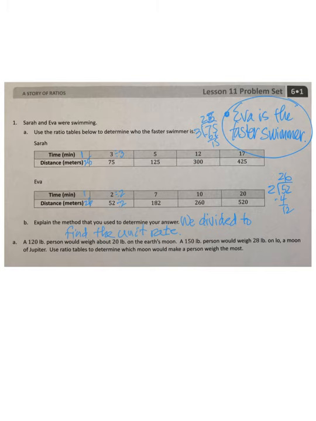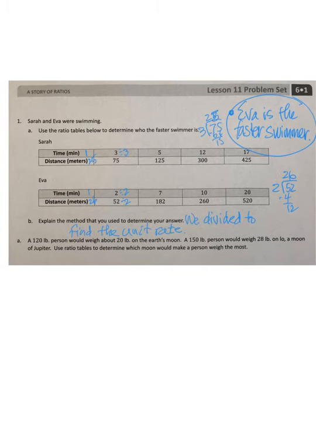Then the next part of the question says, a 120-pound person would weigh about 20 pounds on the Earth's moon. A 150-pound person would weigh 28 pounds on Io, a moon of Jupiter. Use ratio tables to determine which moon would make a person weigh the most. That's kind of an interesting question, isn't it? So, 120-pound person.